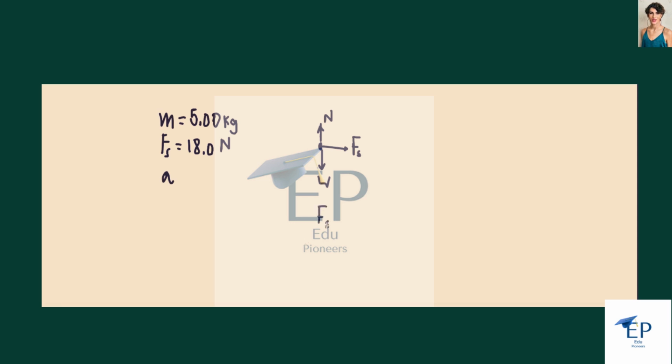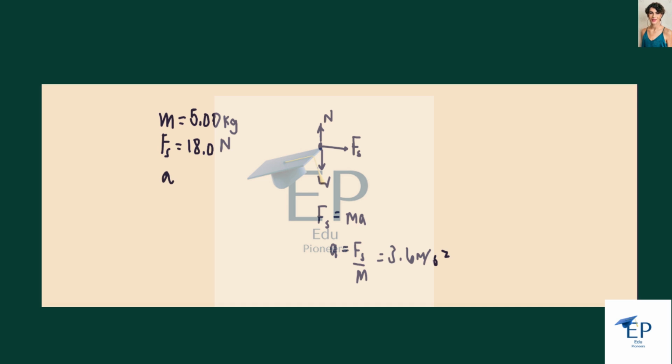So you can say the force of the spring is equal to ma. So a is the force from the spring divided by m, and that's 18 divided by 5, so that's going to be 3.6 meters per second squared.